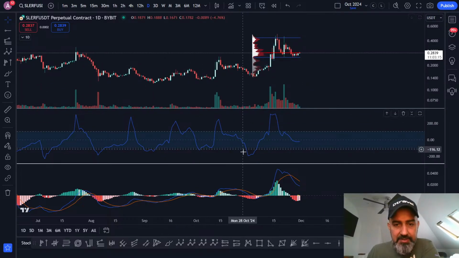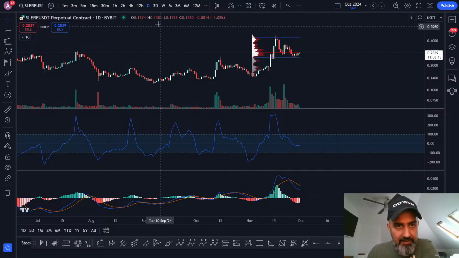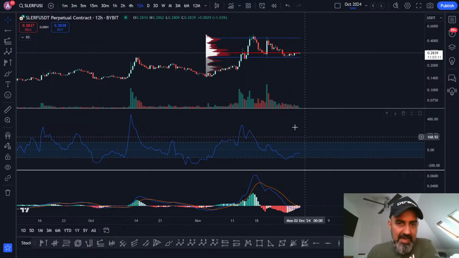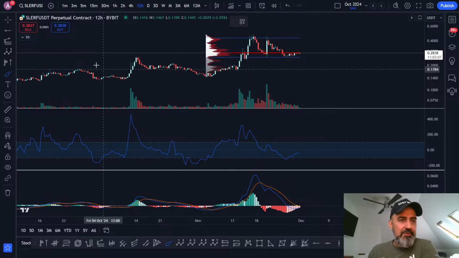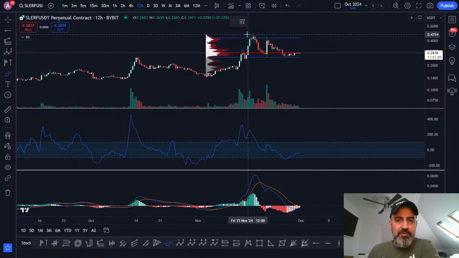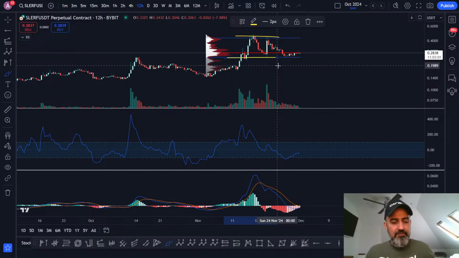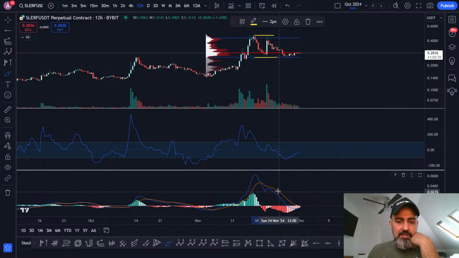I'll have a look at these higher time frame indicators to see if I can see anything. Yeah, you can clearly see bullish divergence here on the MACD on this 12-hour time frame. You're looking at some kind of flat correction here, or maybe not a flat correction.